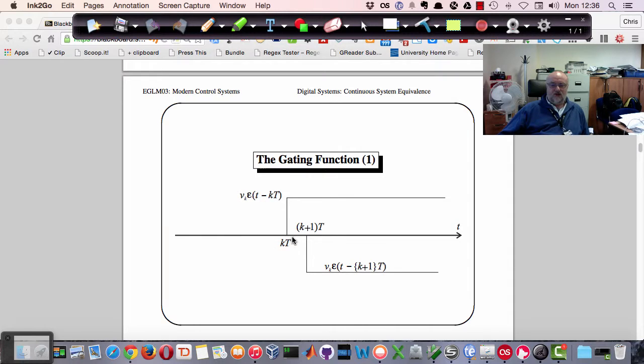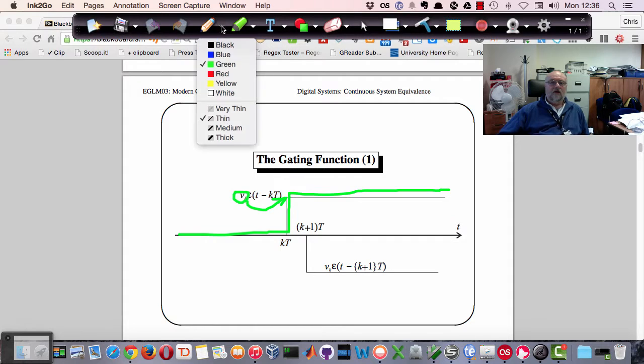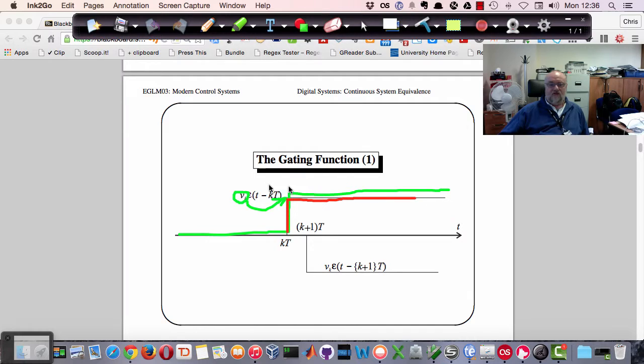If we take a step function like this, the amplitude is v k, which is of course this value here, and then epsilon of (t minus kT) is the time delayed unit step. So the height is equal to v k, and we're multiplying it by this unit step function.